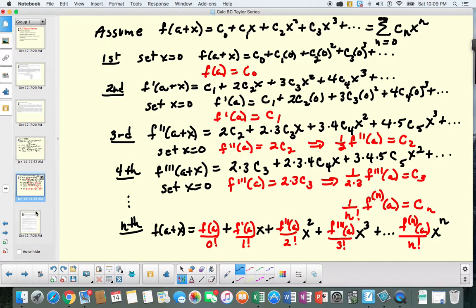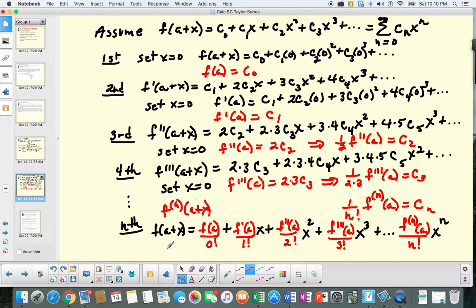This next screen will show you how I find the representation for c sub 3 and for the nth power here of a plus x. And I will end up getting c sub n to be equal to this.